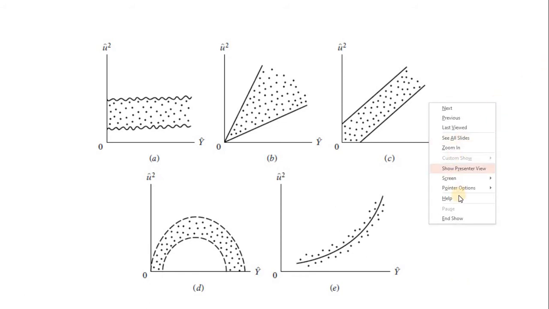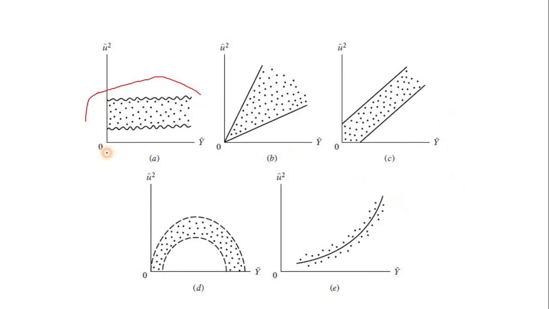Look at the first graph here: we cannot find any systematic pattern. There is a pattern but it is not systematic. But when you look at all these other graphs, they have a systematic pattern.